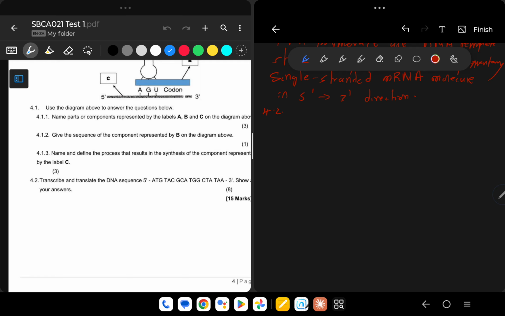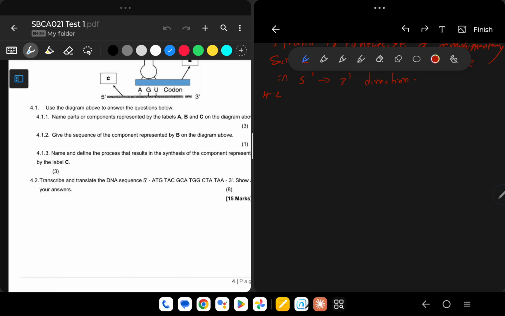And they say you must show all your workings there. For this one, you can do it anyhow you prefer, but maybe let's do it this way.